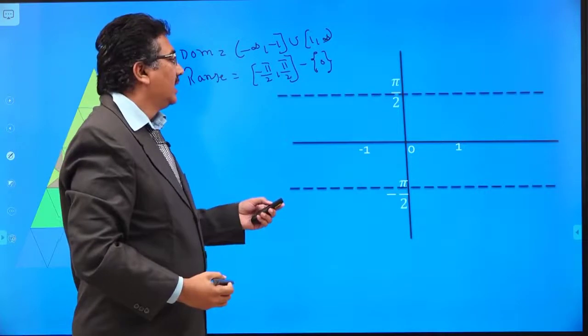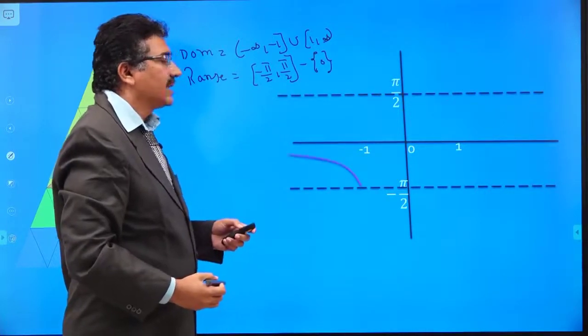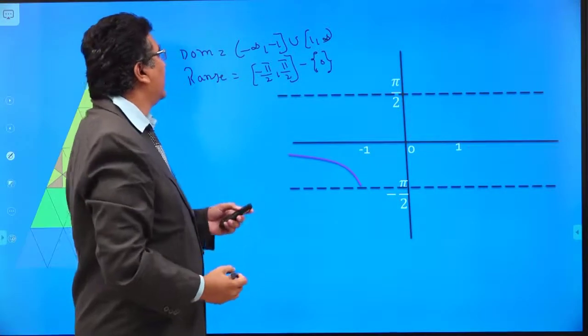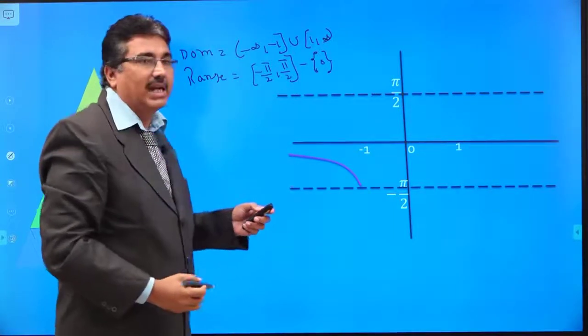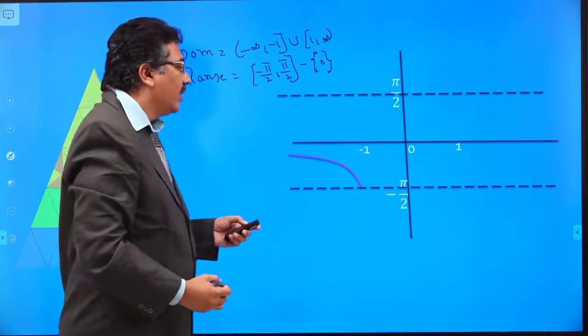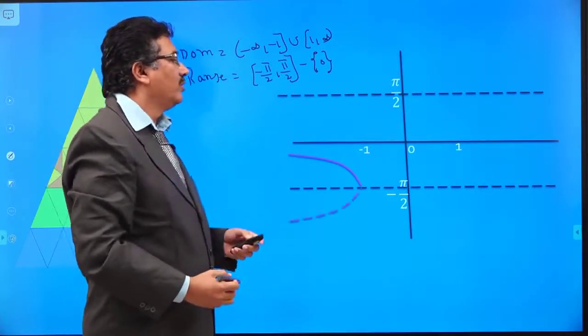Here, if x increases from minus infinity to minus 1, then cosecant inverse x decreases from 0 to minus pi by 2.